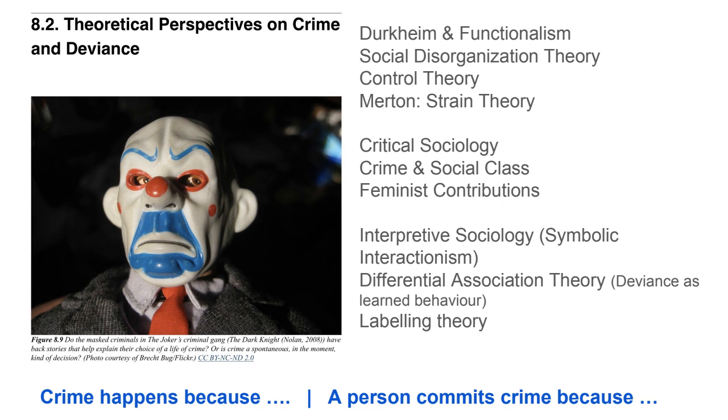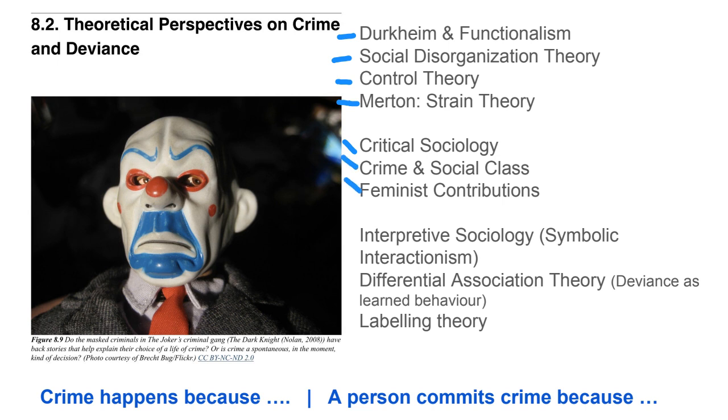So I would recommend, when you get into this part of the reading, for each of these theories, and I didn't count them, but there's the functionalist theory, social disorganization, control theory, strain theory, critical theory, although all of these are kind of critical theories.